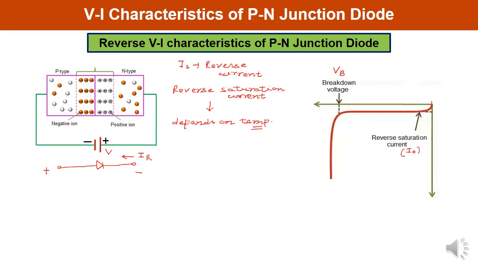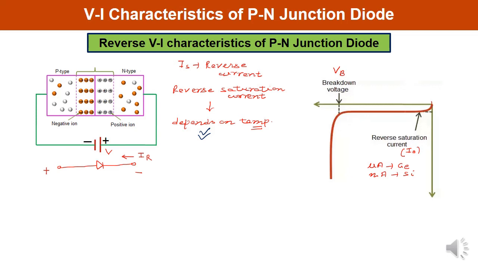It is of the order of microamperes for germanium diode and nanoamperes for silicon diode. And it is because of the movement of the minority carriers which are thermally generated. It means the reverse bias current is temperature dependent. As I have told you, it does not depend upon the applied bias voltage.